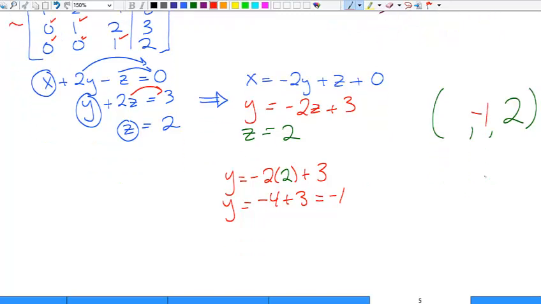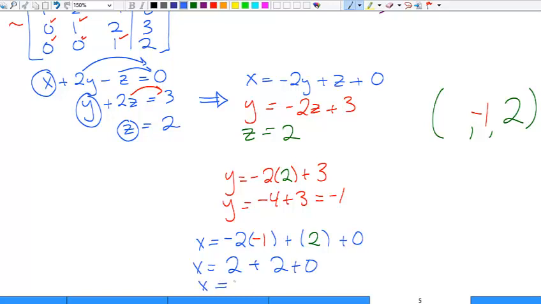To solve for x, I'm going to use the x equation, plug in y is equal to negative 1, and z is equal to 2, and evaluate. Negative 2 times negative 1 is positive 2, plus 2 plus 0, so x is equal to 4. Back substitution: you're starting with the z and solving back until you get to the x. So positive 4, negative 1, comma 2 is my solution.